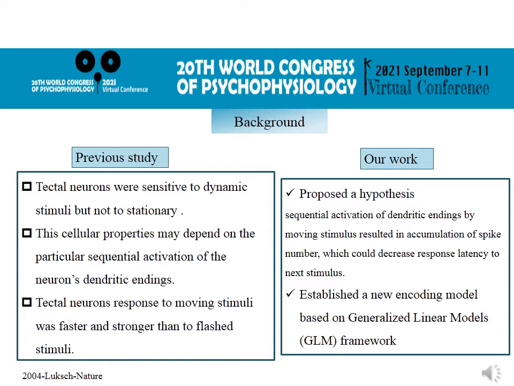Well, these results were all obtained in vitro by whole cell recordings, and a model was also proposed to predict the properties. However, validation of these results was all based on electrical stimulation of retinal ganglion cell axons and tectal cell dendritic endings.